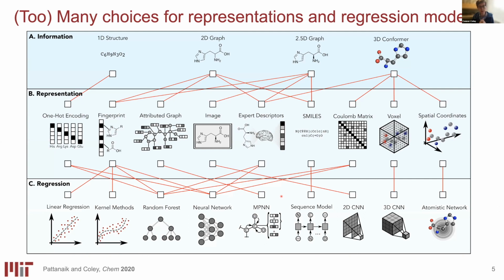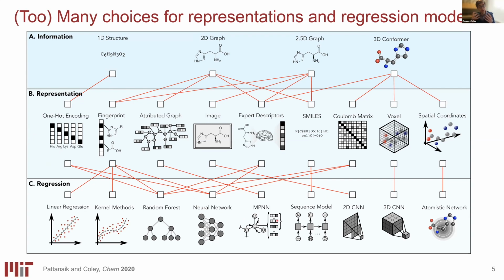When I think about this task, I think about dividing up the techniques in terms of the information we're trying to capture. So if I just care about molecular identity in terms of its one-dimensional structure, I can use techniques like one-hot encoding. Can't generalize, but that's maybe okay. With one-hot encoding representation, you can use a number of different machine learning techniques and regression architectures.